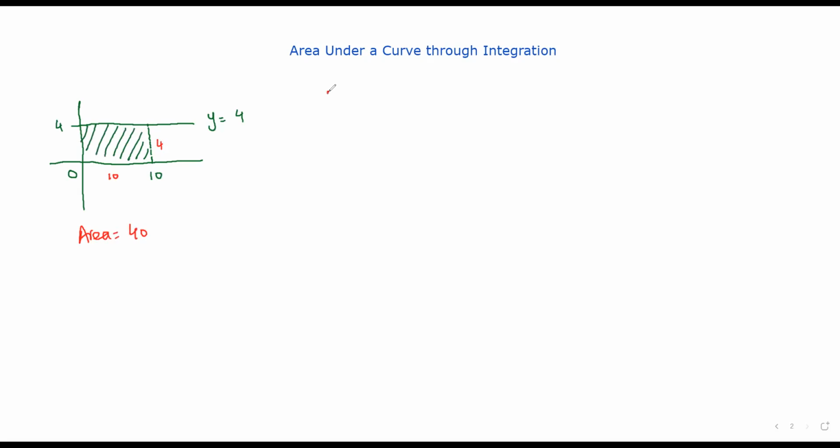Now let's look at another example here. Suppose you have a line here. Let's say this is 10 here, this is 5 here, and this is 0 here. So the equation of this line is y is equal to minus half x plus 5.